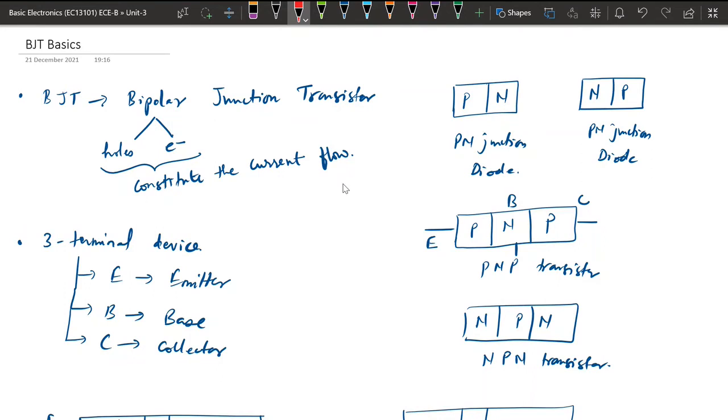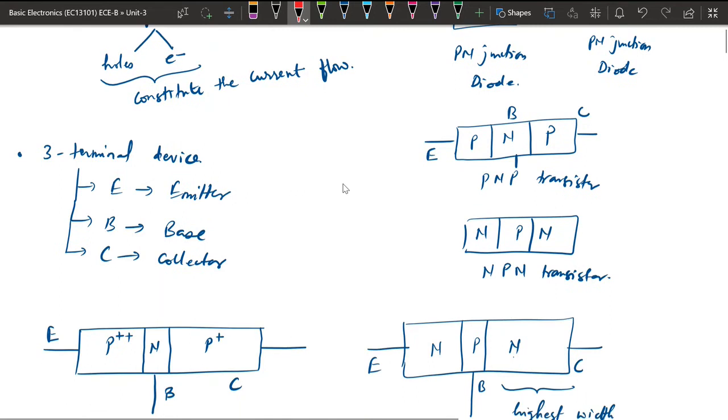So basically this BJT will be of two types, that is PNP transistor and NPN transistor. Okay, as three different layers are there, these three different layers are the three different terminals of the BJT. One terminal is called emitter.